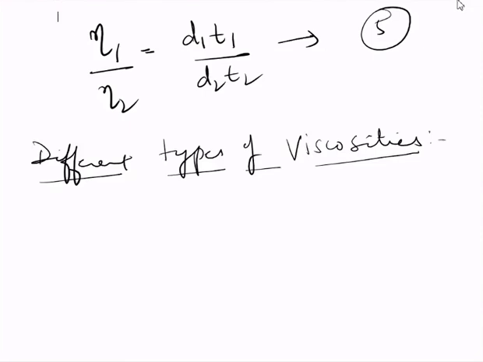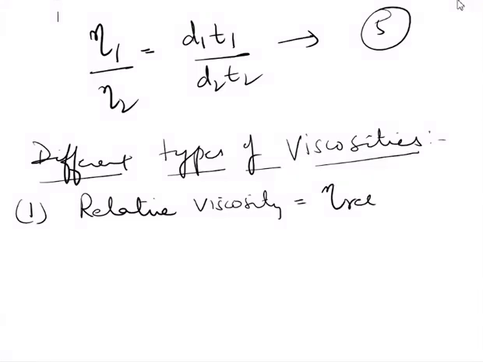So here class number 1 is your relative viscosity. ठीक है, जो आपने भी पढ़ा ही है, that is given as eta relative, which is again going to be your eta of the given liquid upon eta of the water. Water को normally भी use करते हैं.